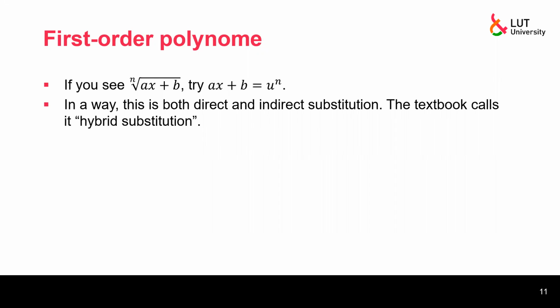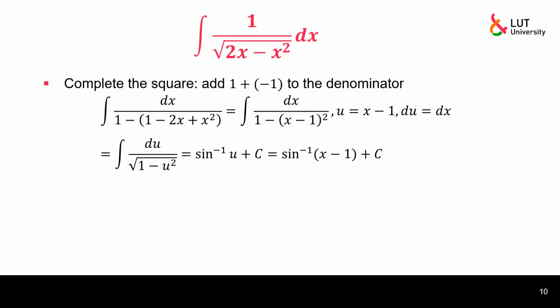We can expand this to any first order polynomials, but in many cases this is kind of a hybrid method. So we might also have higher roots, which we cancel by substituting a function there. In the previous example we just had u equals something, which is technically a direct substitution.